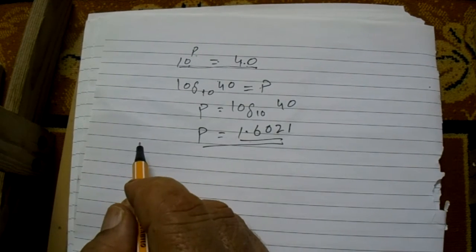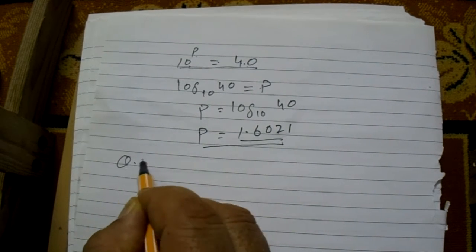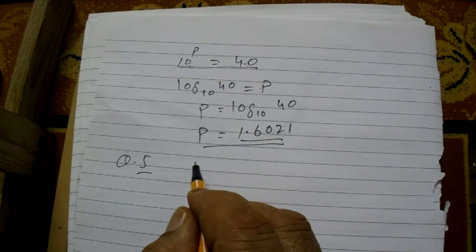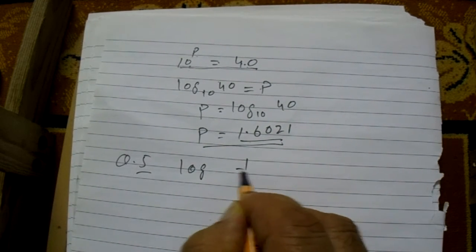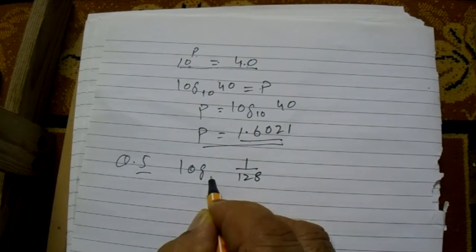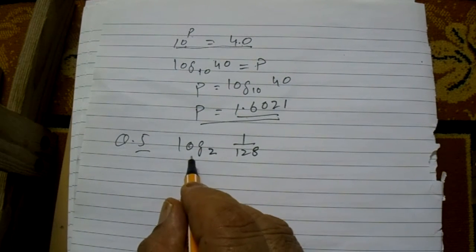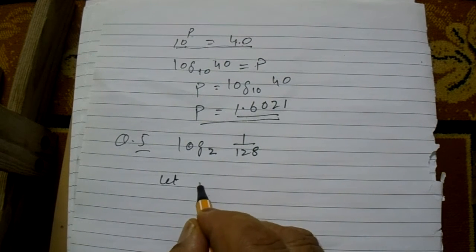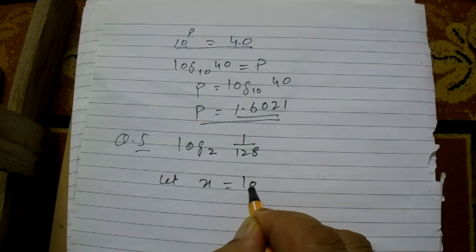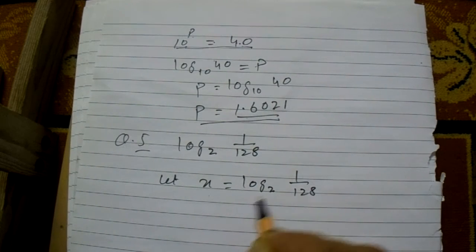Similarly, question number 5. Log 1 over 128 to the base 2. First, we let this be equal to x. Let x be equal to log 1 over 128 to the base 2.